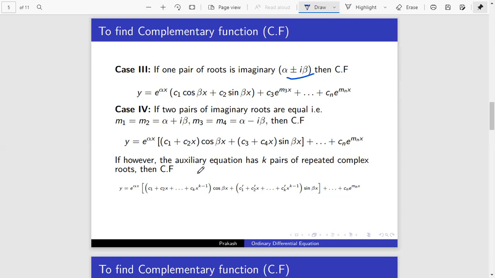However, the auxiliary equation has k pairs of repeated complex roots. So here we are seeing the case for only two pairs of imaginary roots being equal, and it is the case for k pairs if they are repeated.